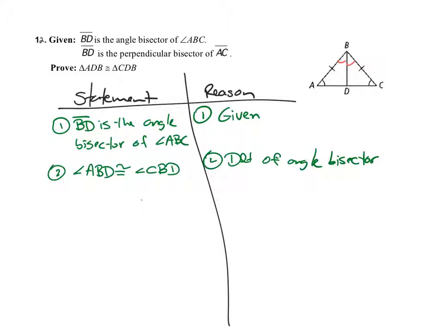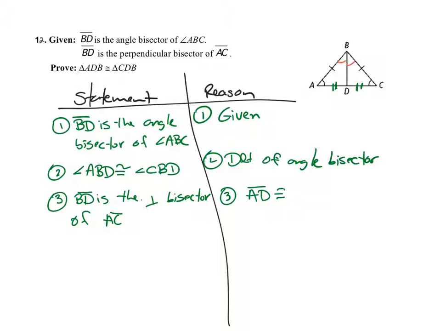Now I'm going to go to the next given. BD is the perpendicular bisector of AC. Again, bisector means that those two pieces are congruent.